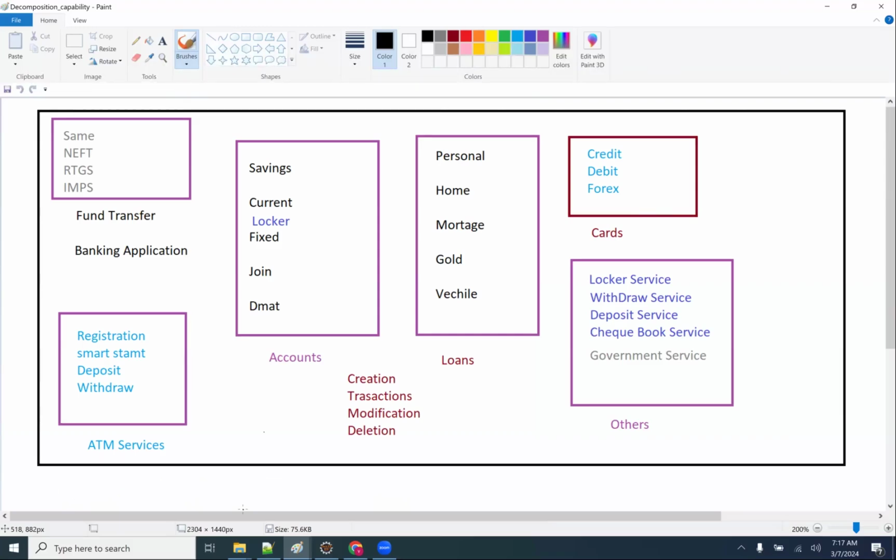Assuming that the bank is introducing a new offer on home loan. Okay, sir, I'm explaining single point of failure.